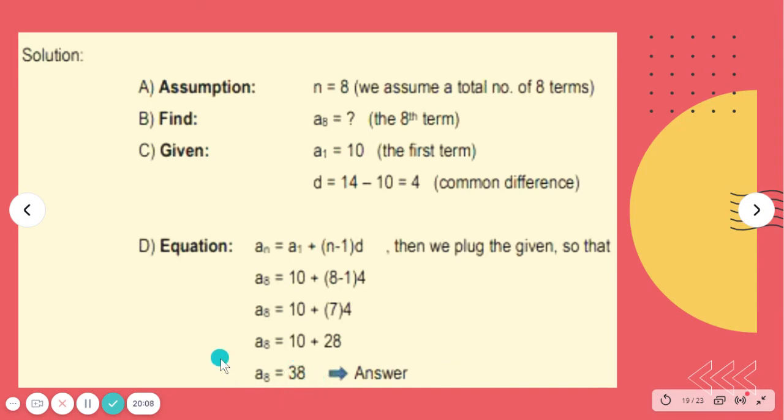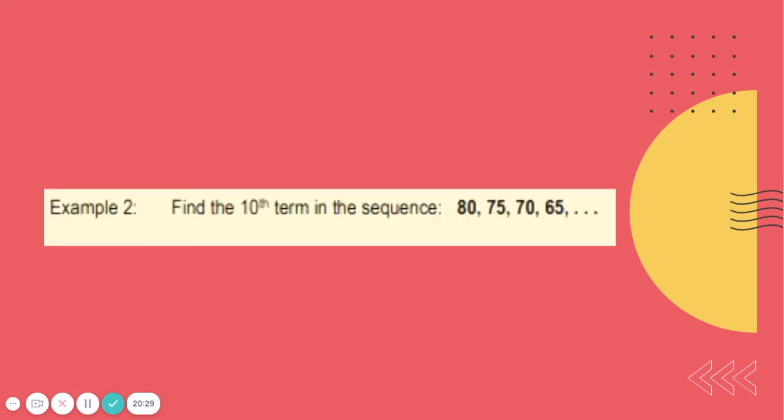So imagine by simply following and using the formula for arithmetic sequence, nakuha mo na agad yung sagot. So hindi mo na kailangan magsulat, maglista pa hanggang sa maabot mo yung eighth term. Bagkus, you can just simply use the formula for the arithmetic sequence. Another example.